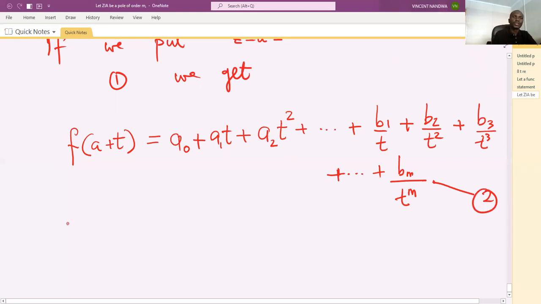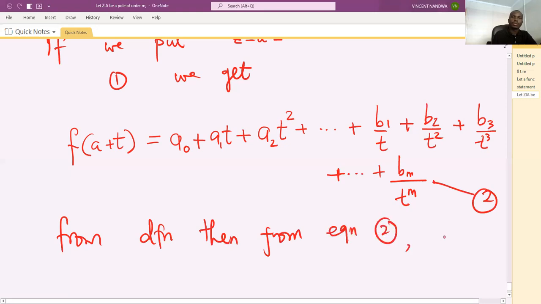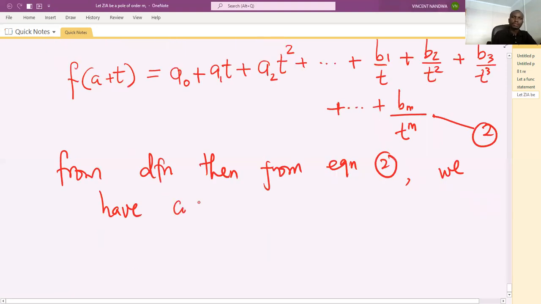And you see from the definition, then from 2, we have the coefficient of 1 over t as b1.